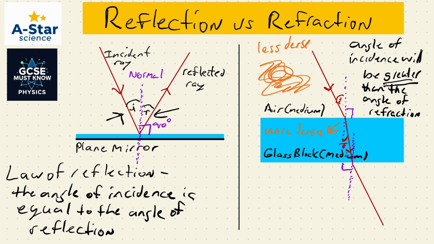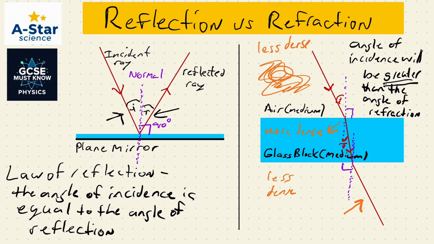And when it goes back out into the less dense medium, it turns back out because it speeds up. So when a medium is more dense, the light ray will turn towards the normal. And when it comes out, it will turn back away from the normal.